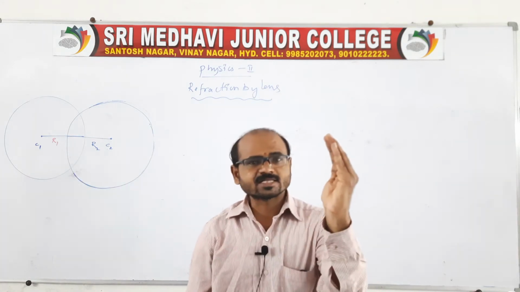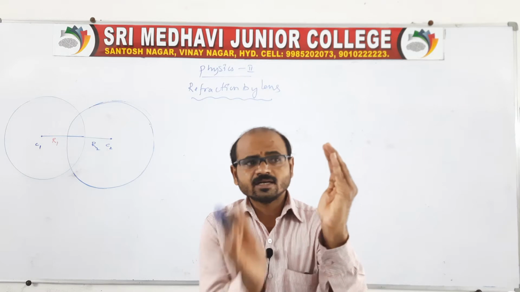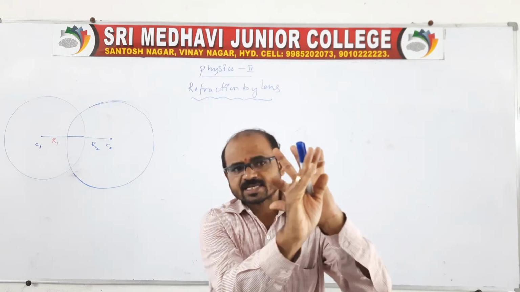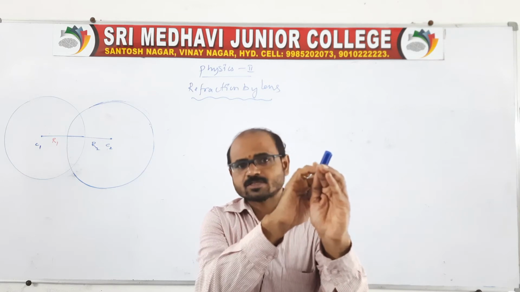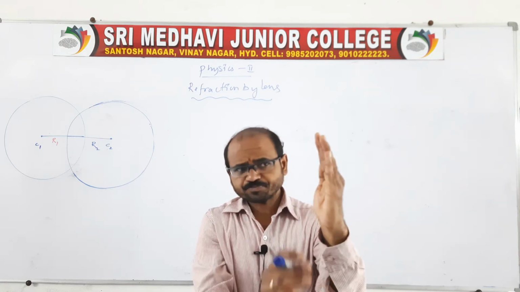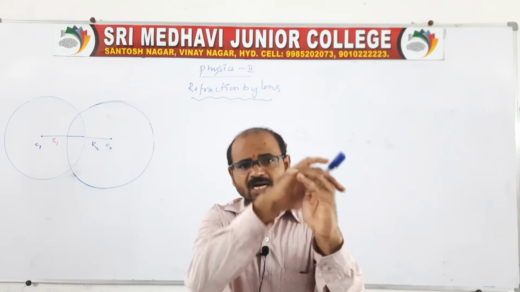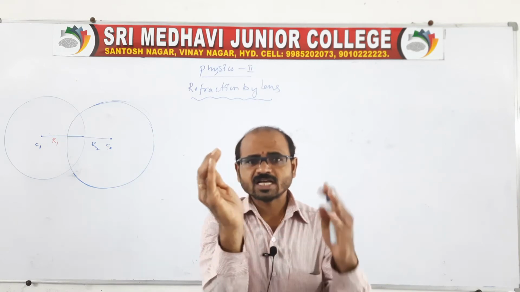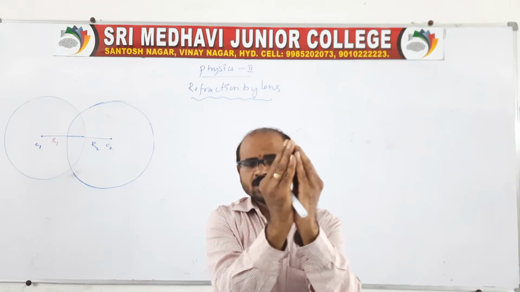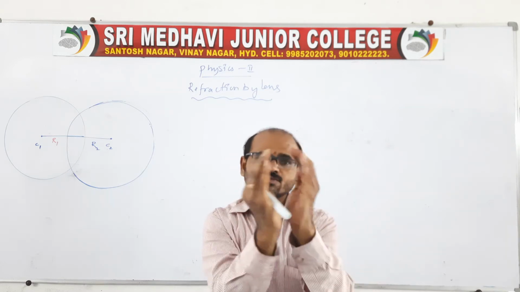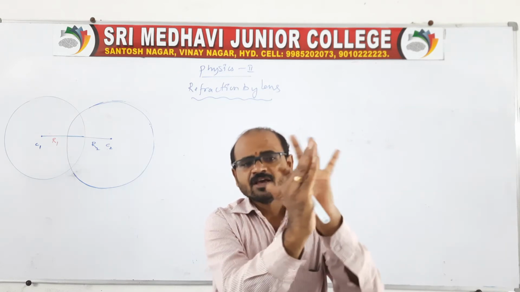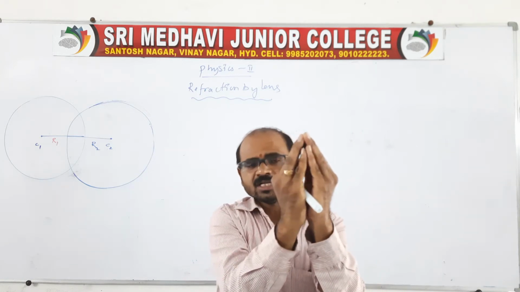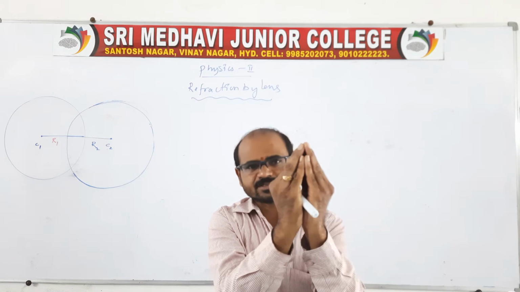One part of a glass is the first part, and another spherical glass surface is the second part, joined like this. So now we have two refracting surfaces. One is convex, and the other is also convex. Joined together, we call it a convex lens.